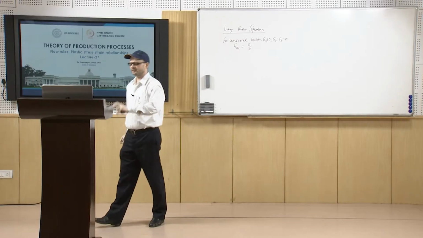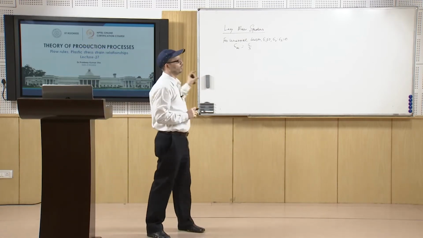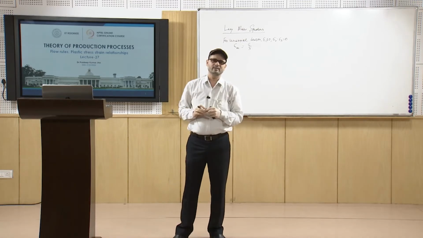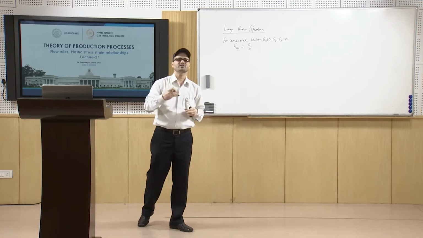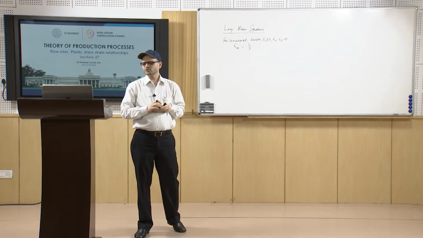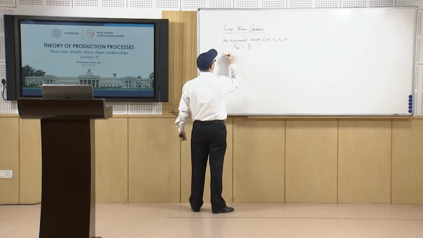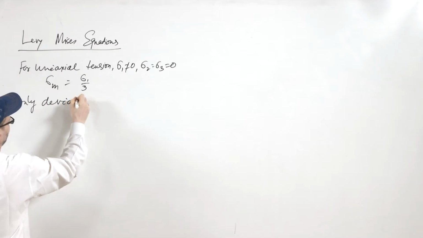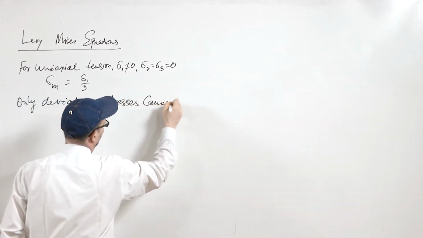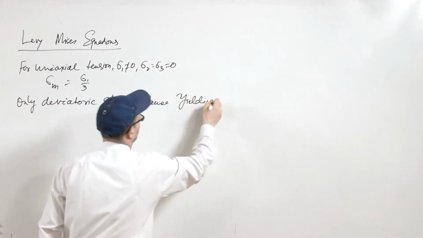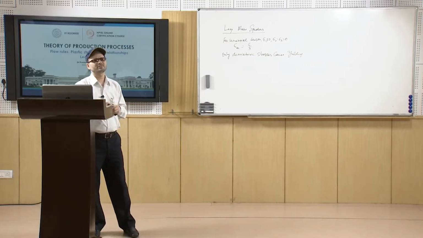Now, you have deviatoric stresses, and you know that for the components along the diagonal, we subtract the mean stress from the total stress component. Only deviatoric stresses cause yielding, because yielding is caused only by the deviatoric components of stress, not the mean or hydrostatic component.